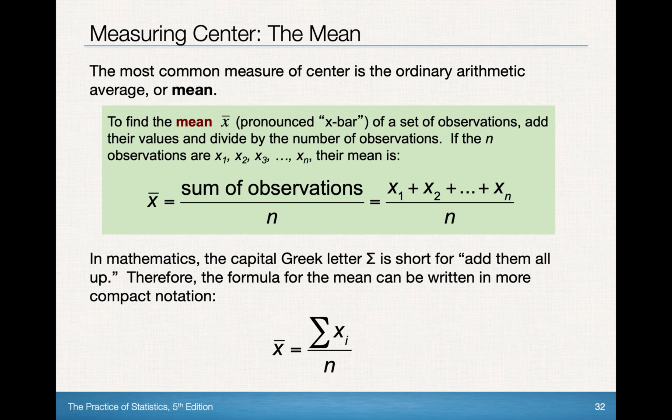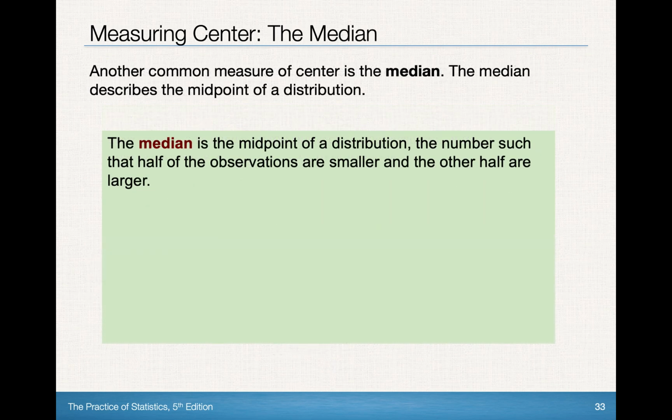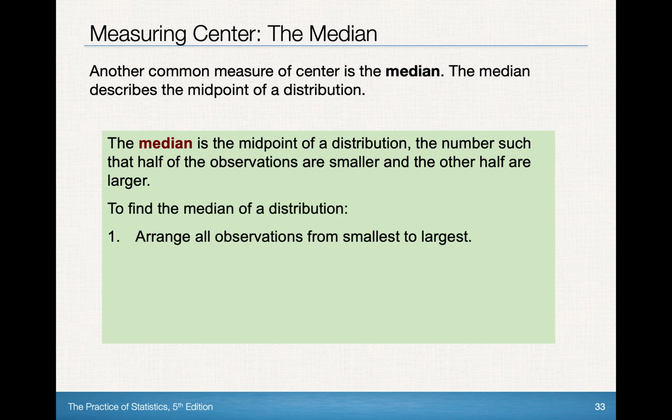Another way to measure the center of a distribution is to use what's called the median. The median is the midpoint of the distribution, where half of the observations are to the left and half of the observations are to the right. To find the median, you arrange all of the observations from smallest to largest, or largest to smallest, whatever floats your boat.